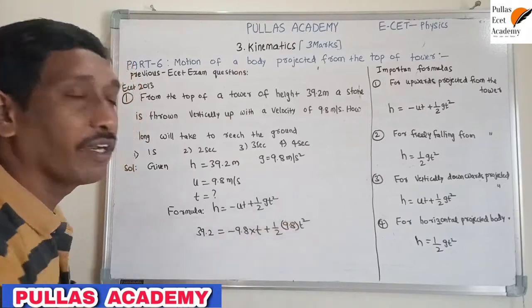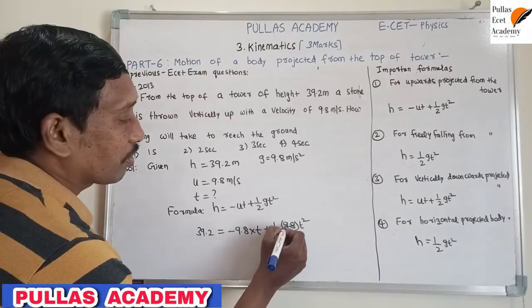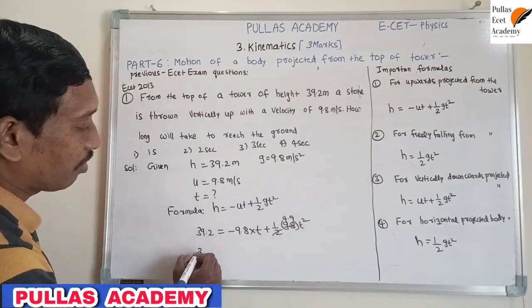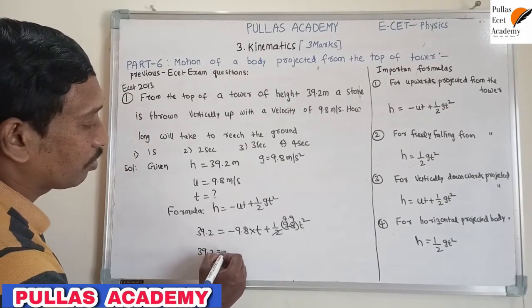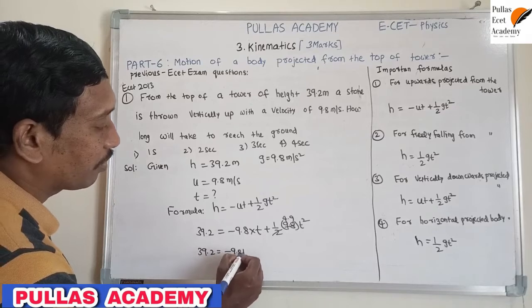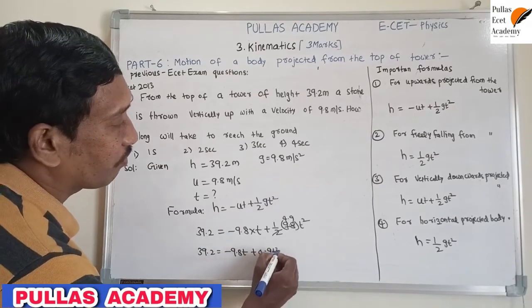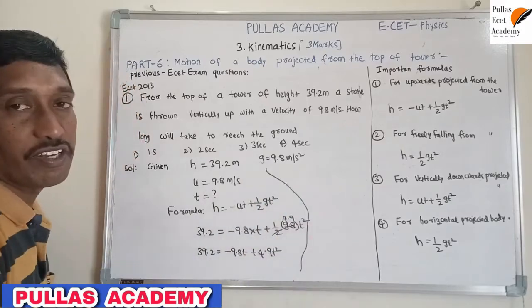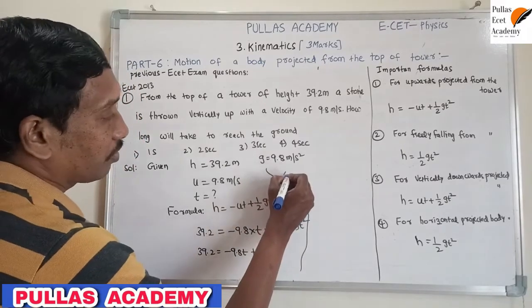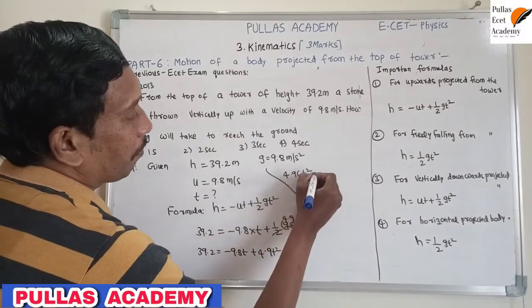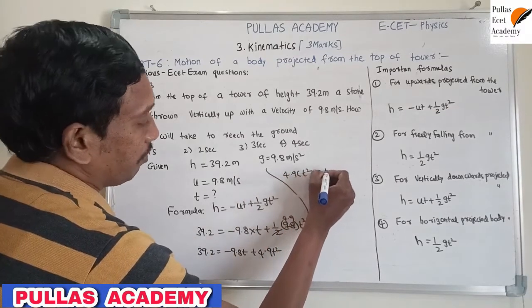If you simplify, you get it here. So 2 cancels, 4.9. Now 39.2 equals minus 9.8 into t plus 4.9 t square. After simplification, take 4.9 common, you get t square minus 2t.